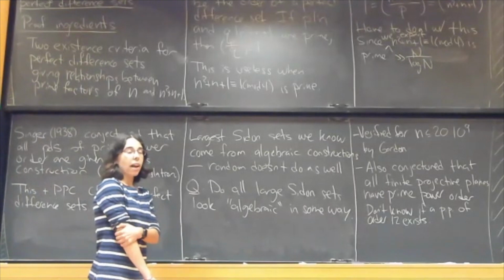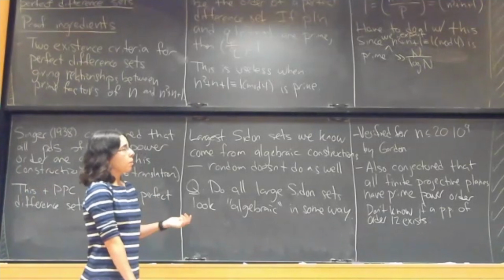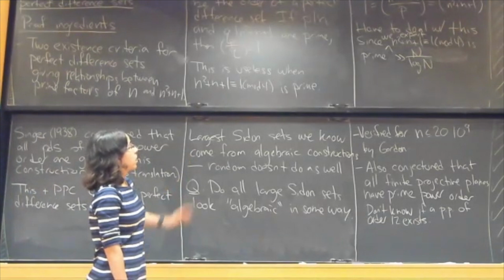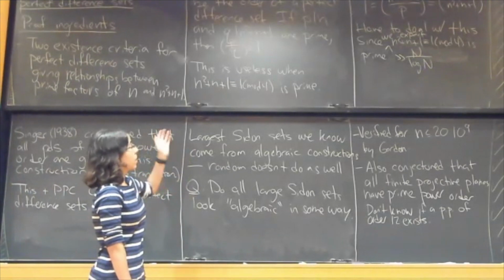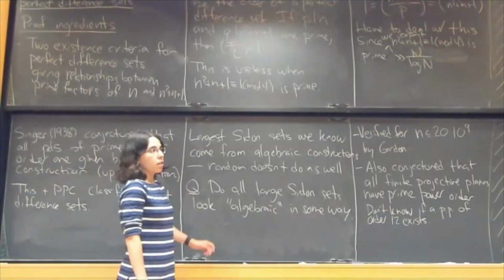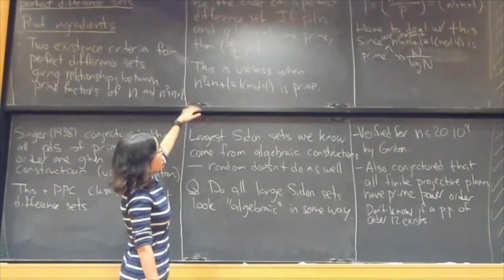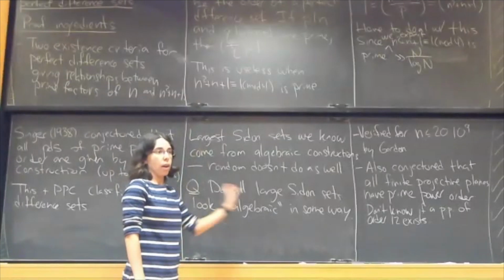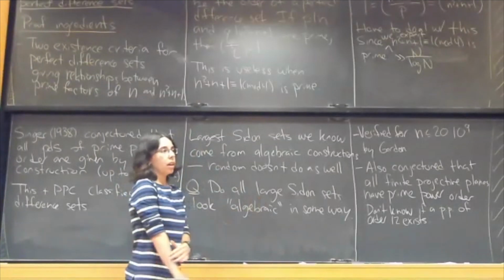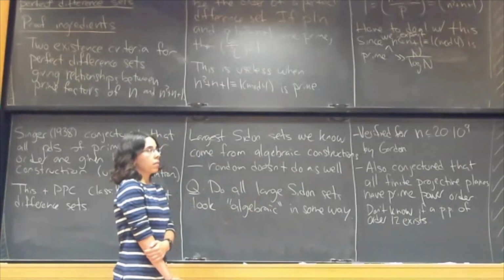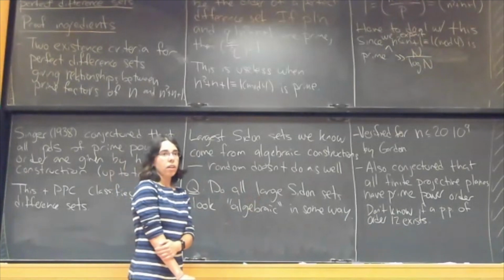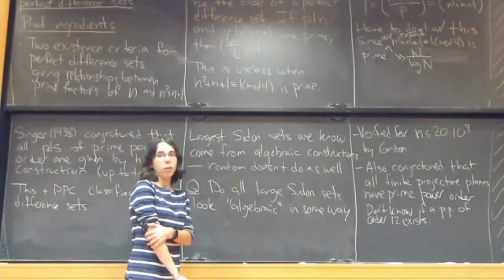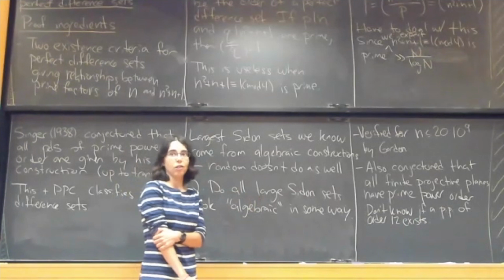Multipliers are basically elements of the multiplicative group of the integers mod n squared plus n plus 1, such that when you multiply every element of a perfect difference set by them, you get just a translate of that perfect difference set back. It's clear that these form a group, but it's highly non-trivial that this group actually has anything in it besides just one.